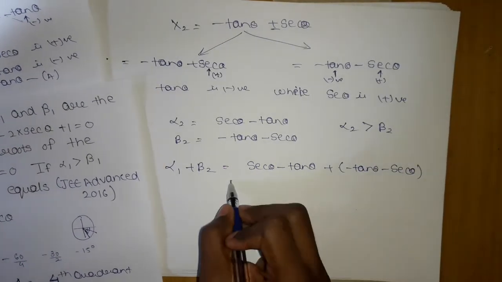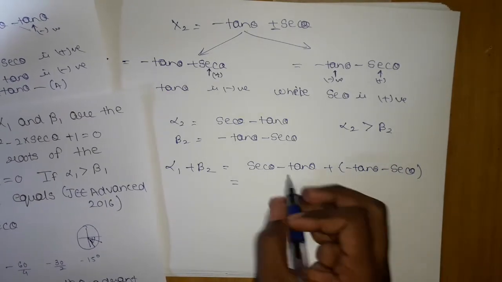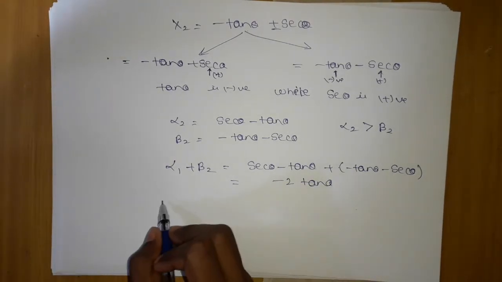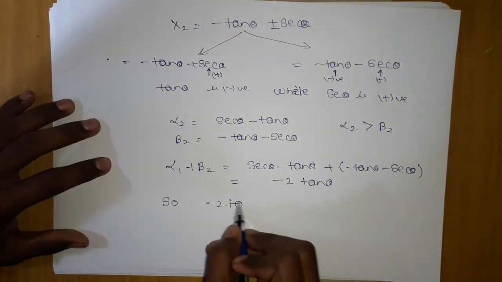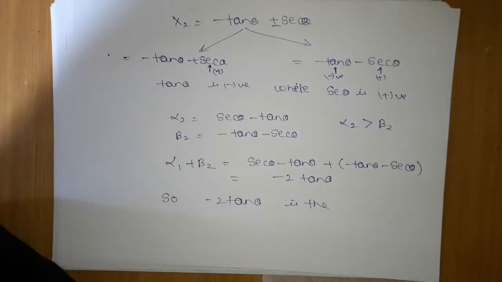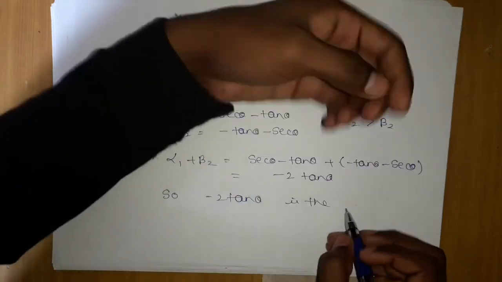If we add, the sec will nullify and the tan will remain, giving me minus 2 tan theta. So our answer is minus 2 tan theta.